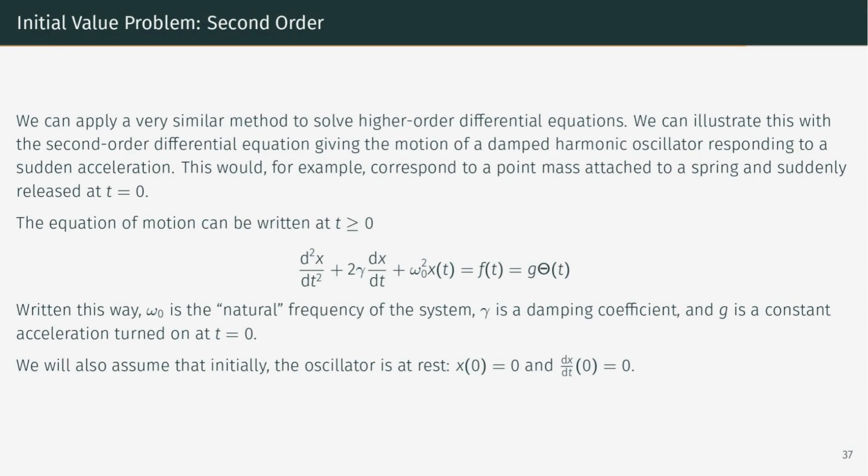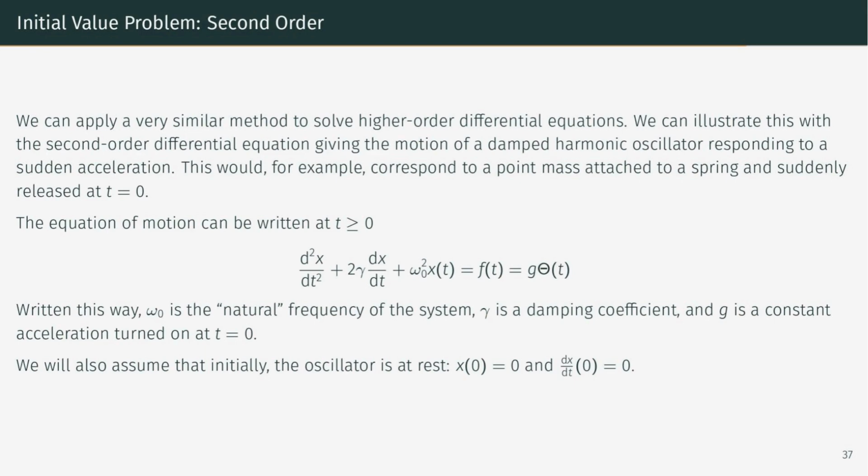The equation of motion can then be written, at t greater than or equal to 0, as d squared x over dt squared plus 2 gamma dx over dt plus omega naught squared x of t, which equals f of t, which equals g theta of t.